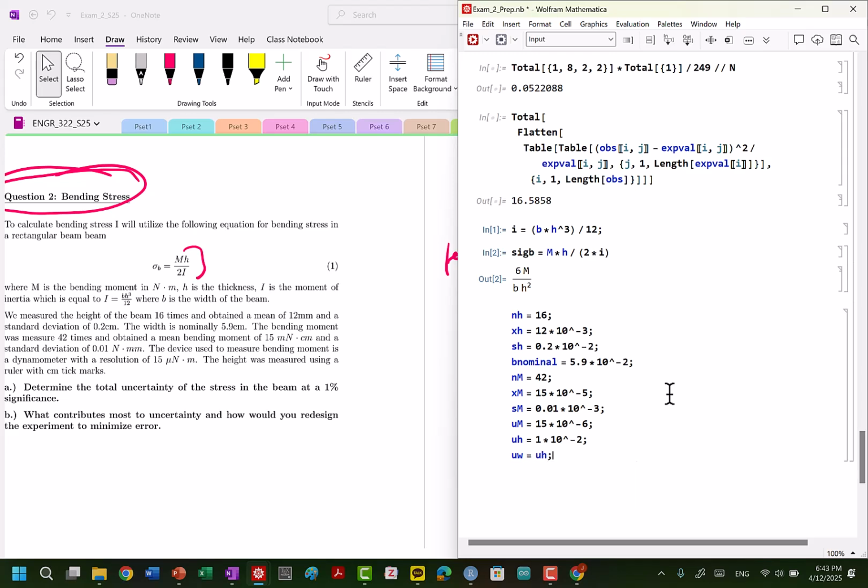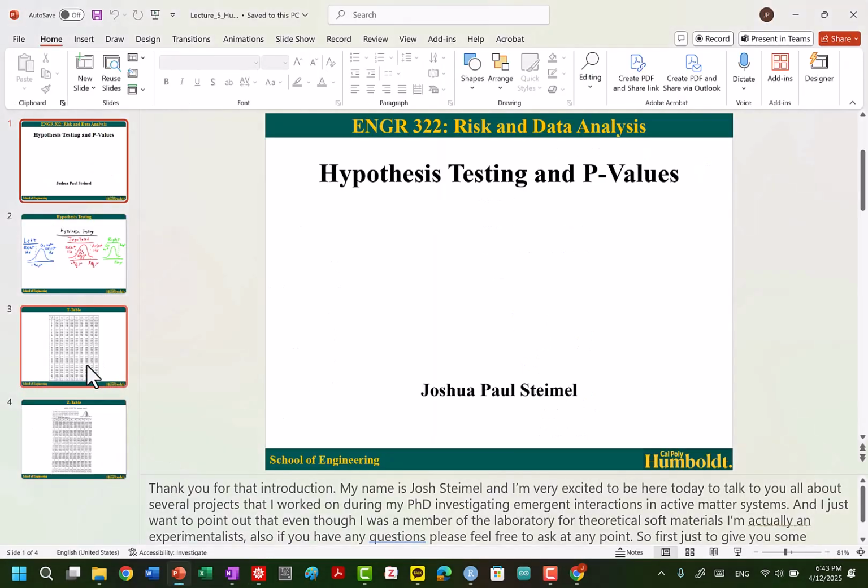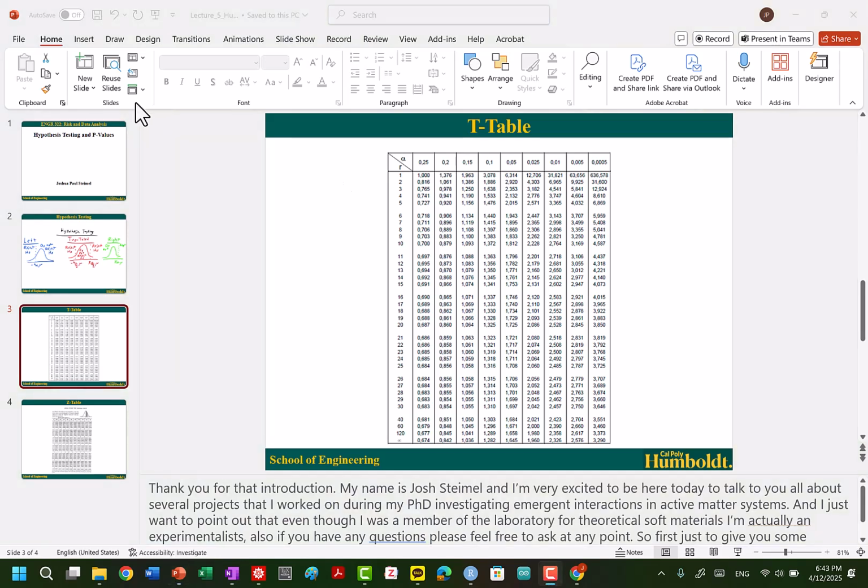All right, now I need my t value of height. We're looking at 1%, so it's t of 0.005 with 15 degrees of freedom.